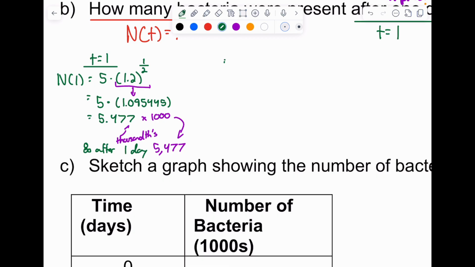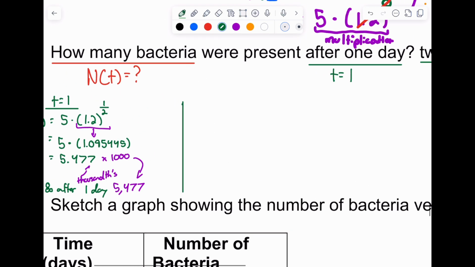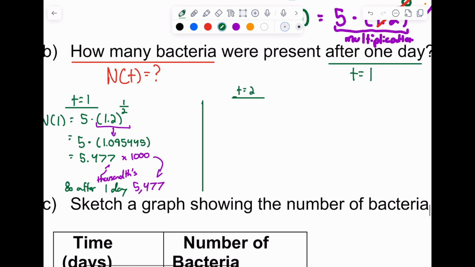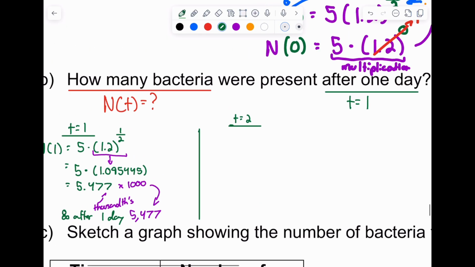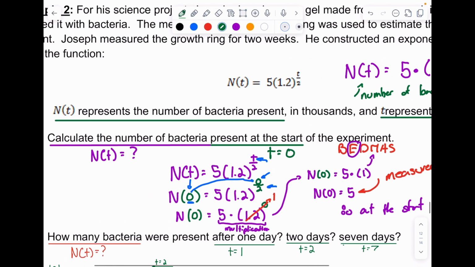So let's do this math again, but for the second one. It asks us to evaluate it at 2 days. So just another day has passed. And notice this is an exponential relationship because your variable is in the exponent. We have the variable t in the exponent. This function is in terms of t. T is your exponent. This is an exponential function.